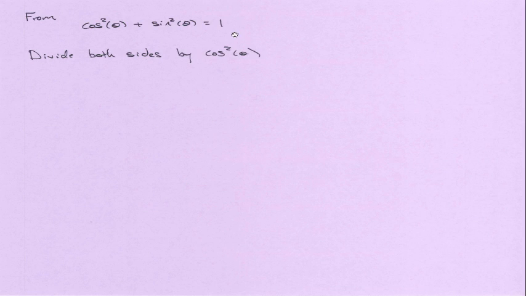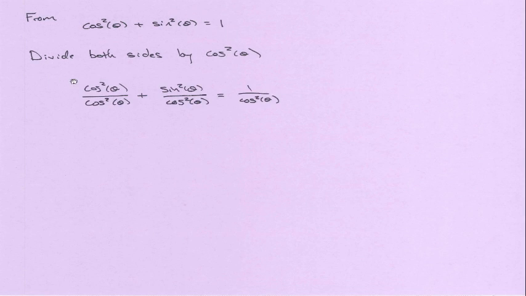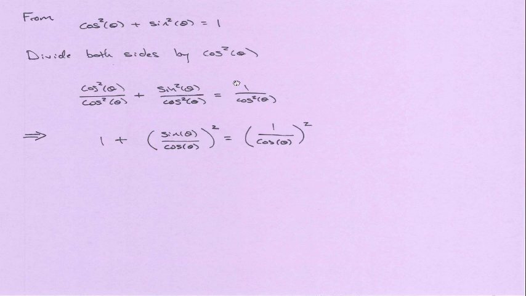For the other two Pythagorean identities, we start from the identity we just derived, cosine squared plus sine squared is 1. If we divide both sides by cosine squared, we get cosine squared over cosine squared plus sine squared over cosine squared is equal to 1 over cosine squared. Again, playing with our properties of exponents, cosine squared over cosine squared is 1.